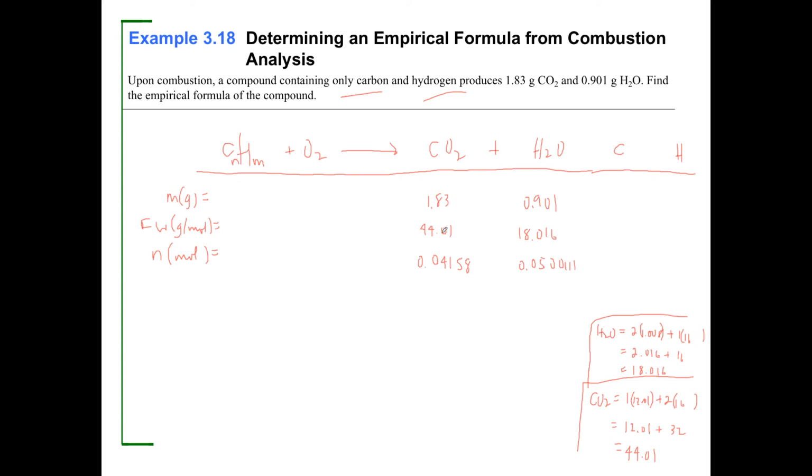Okay, now we want to know how many carbons and hydrogens were in there. Well, I don't know how many carbons were in there, but I know how much CO2 was in there. So what I've got to do now is say, I'm looking for moles of carbon, right? See where I'm going with this?